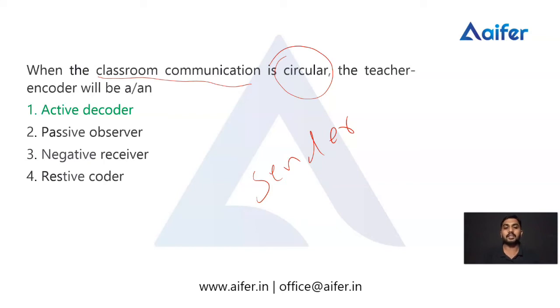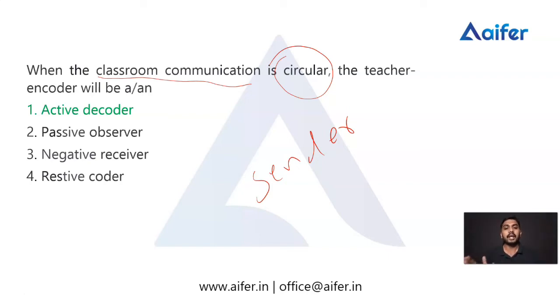After that, the message will be decoded and it will reach the receiver. And when the receiver gives feedback to the sender, it will be encoded and it will again reach the sender.